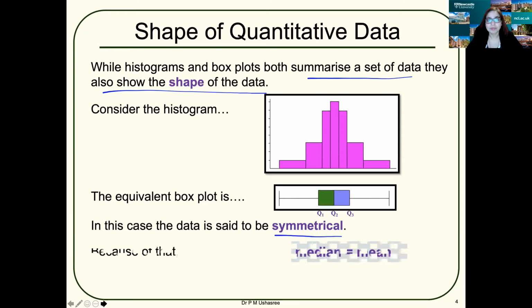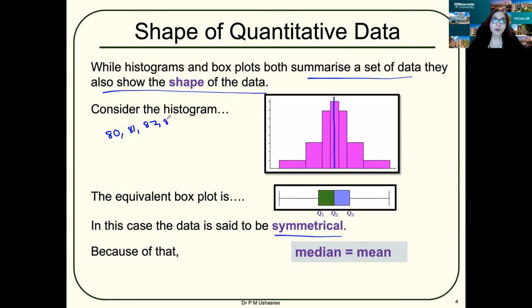The shape of the data is said to be symmetrical, and for symmetrical data, the mean is equal to the median. Let's take the same example which we took in our seminar last week: 80, 81, 82, 83.